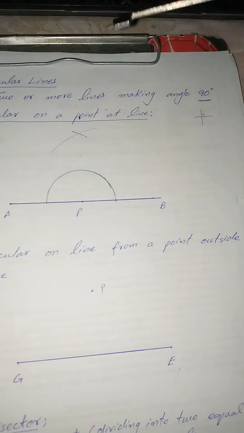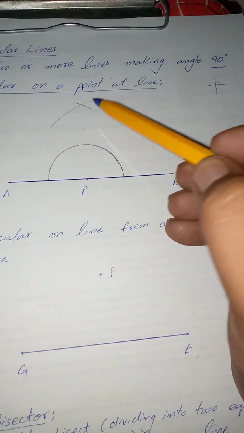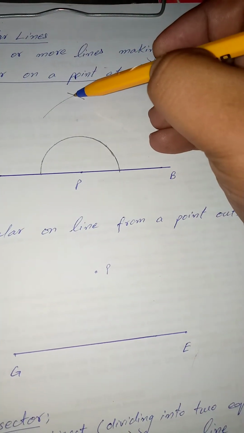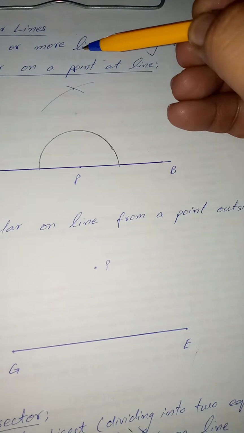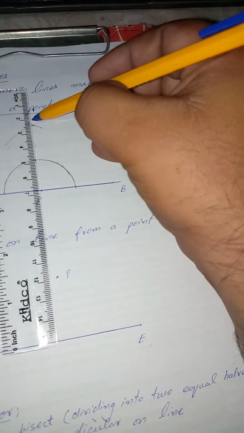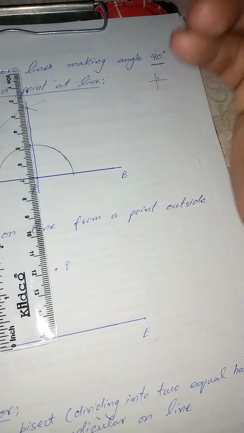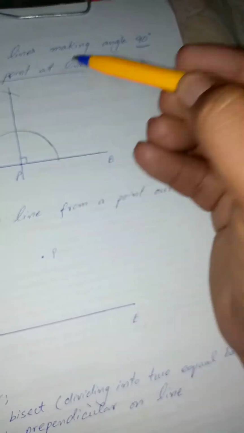Okay, now these two arcs are intersecting at this point. Now we will place a ruler here and we will join this line. Okay, now this line is perpendicular to AB.